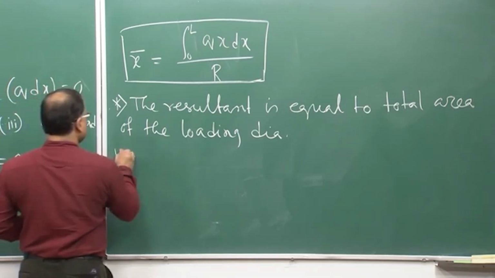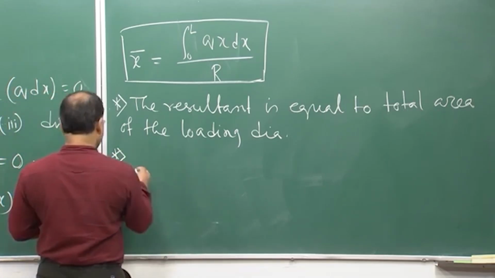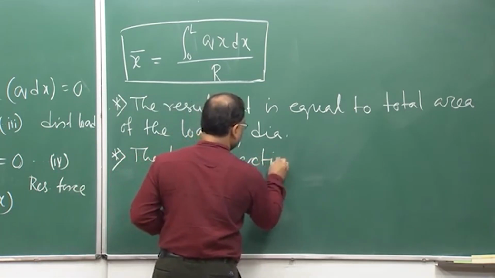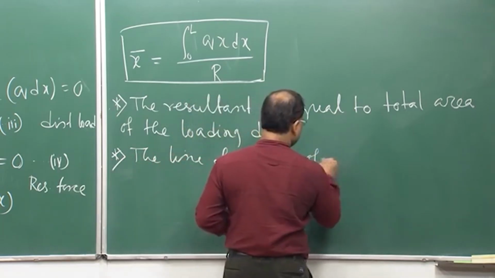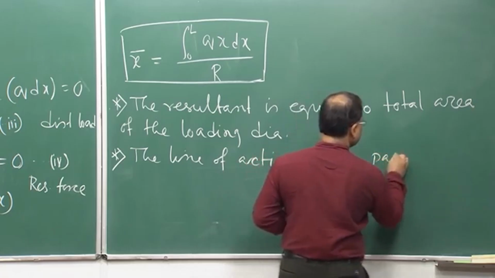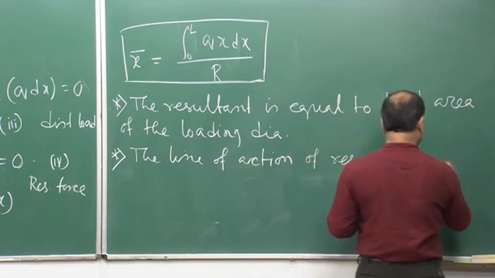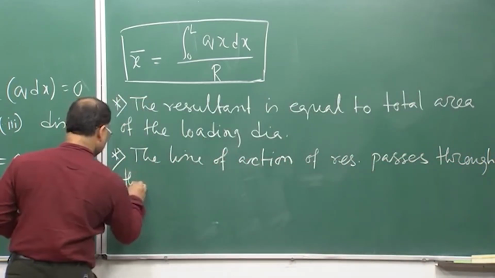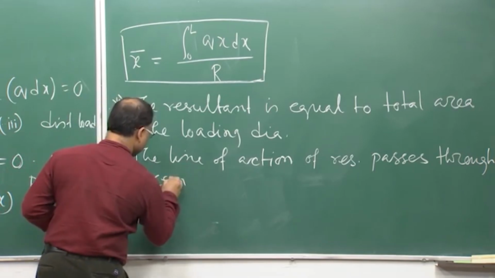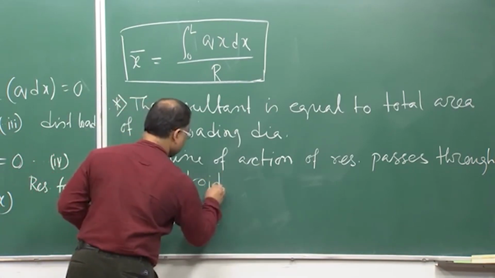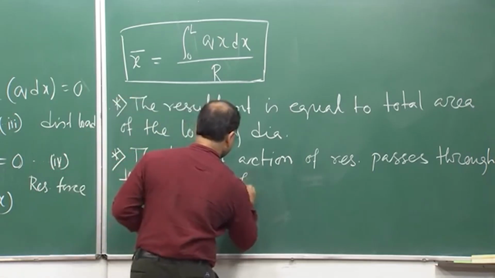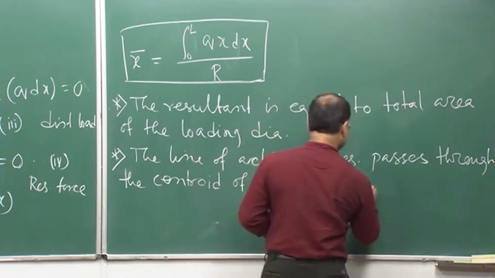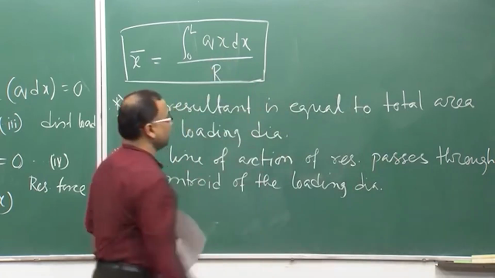And the second conclusion we can draw from this, the line of action of resultant passes through the centroid of the loading diagram, that you are getting from here, right.